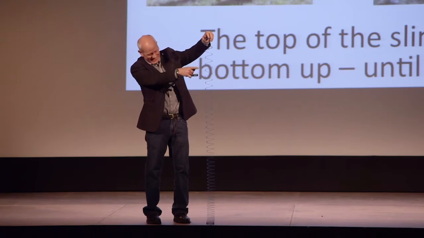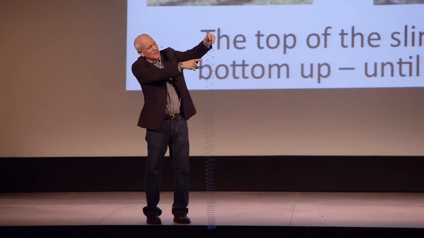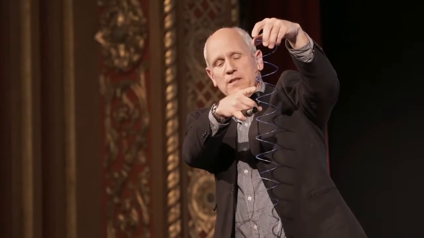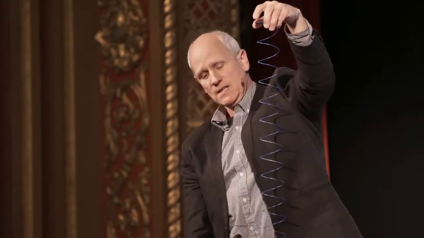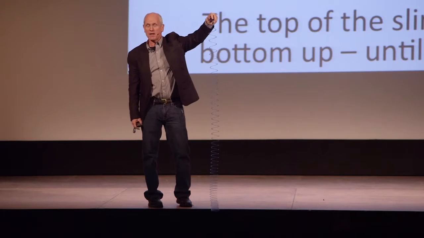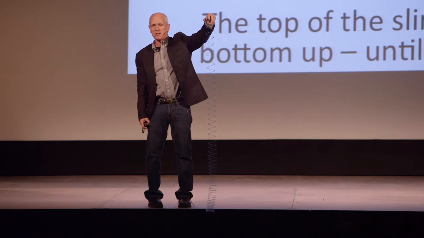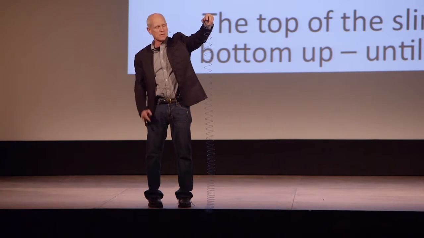So, at any rate, yes. This part of the Slinky has to hold up the whole Slinky, right? So there's more pulling on it than lower and lower and lower. And in fact, right now the bottom part of the Slinky is pretty much stationary, right? Right before the fellow dropped it.